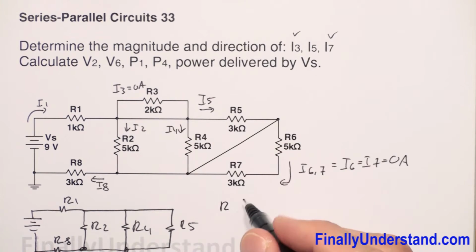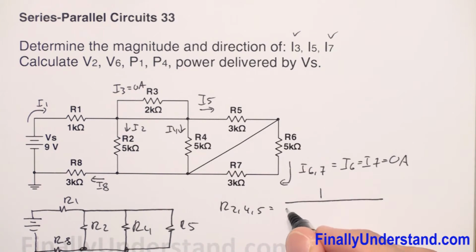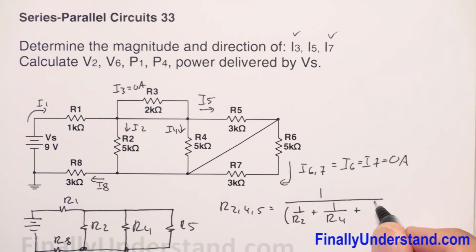So R245 is equal to 1 over R2 plus 1 over R4 plus 1 over R5.